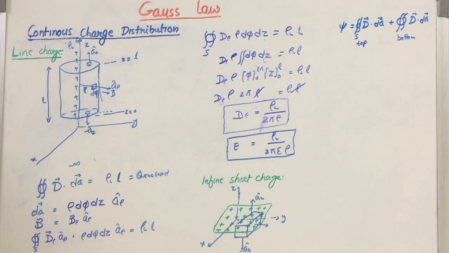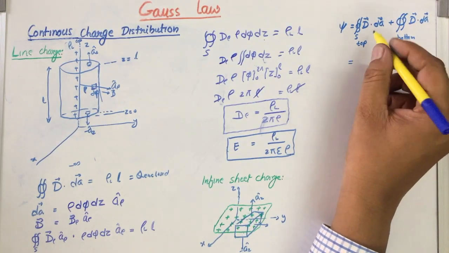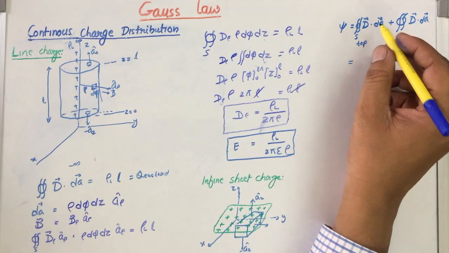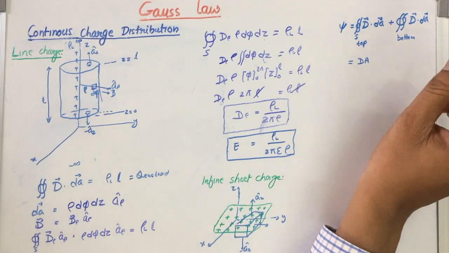And for the top surface, D and E are both in the same direction, so it should be D times the total surface area at the top.